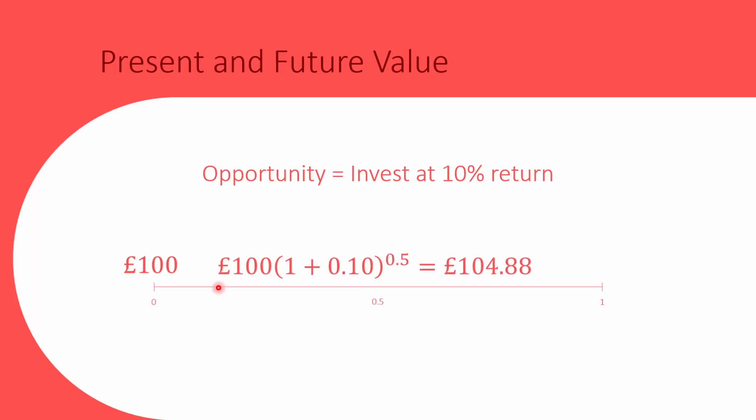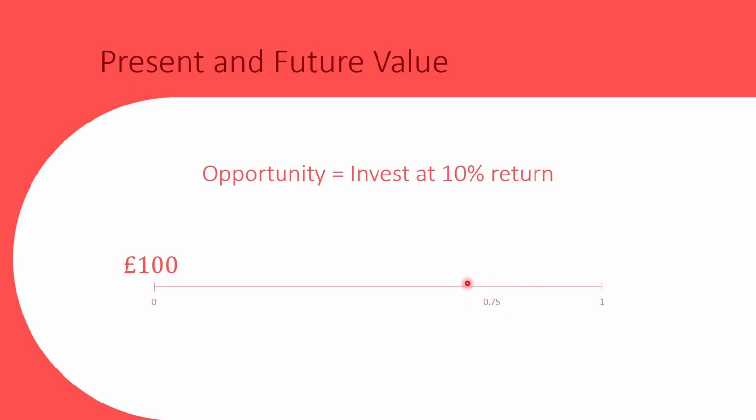So that is 100 multiplied by 1 plus r, your opportunity or your rate of return, to the power of 0.5. And that 0.5 is to represent half a year or 6 months, right? And in this case, that happens to be 104.88. Okay. And you can also find out, well, how much is it going to be worth after 0.75 years?